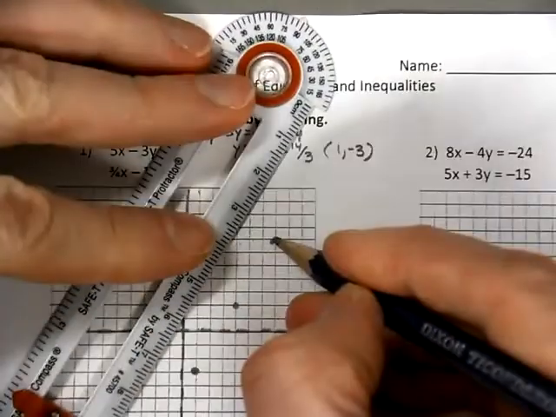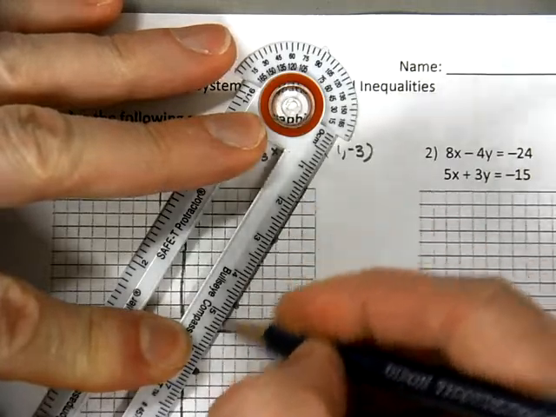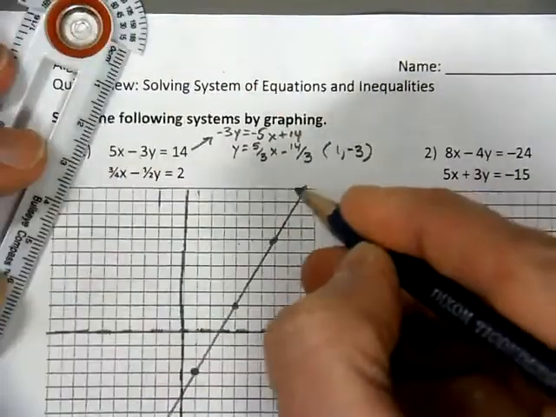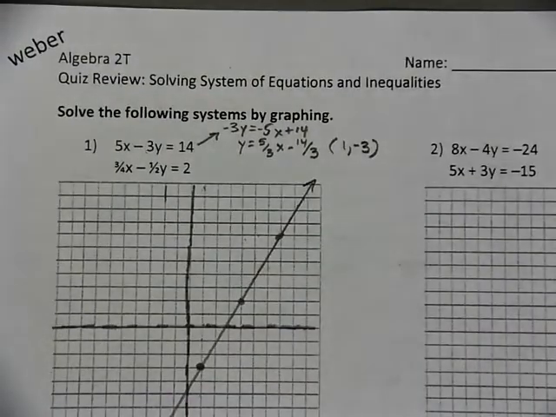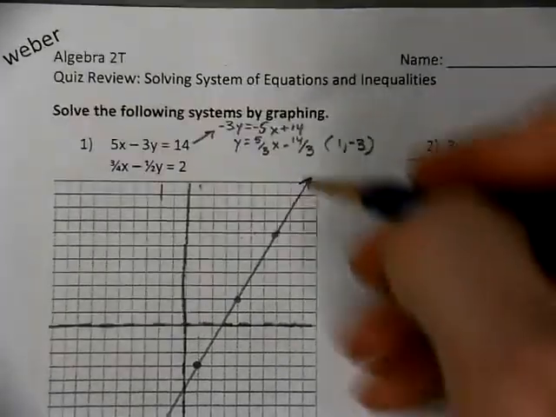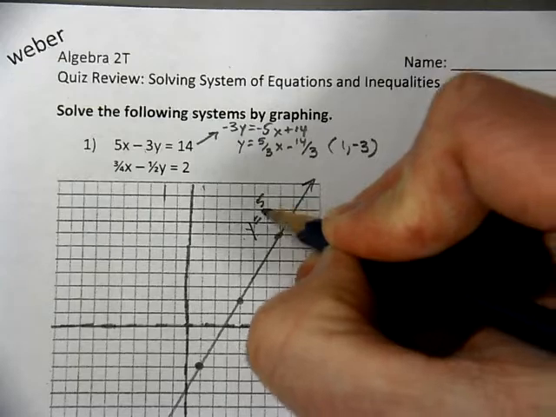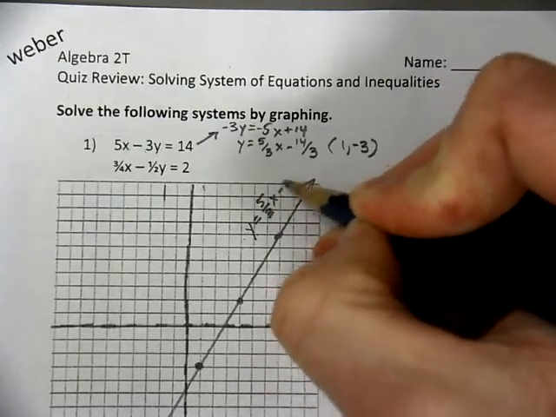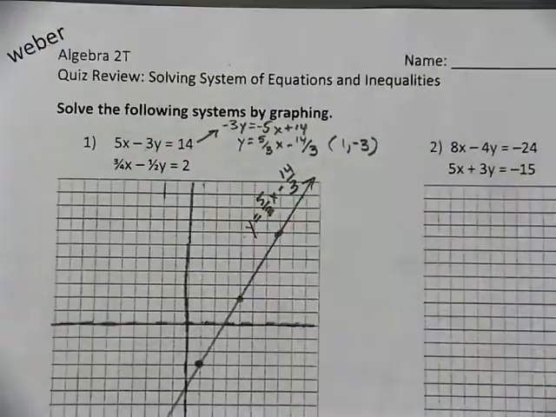And we would connect those. Use a straight edge. And we can label our equation y equals 5/3 x minus 14/3, or you can use a standard form of 5x minus 3y equals 14.